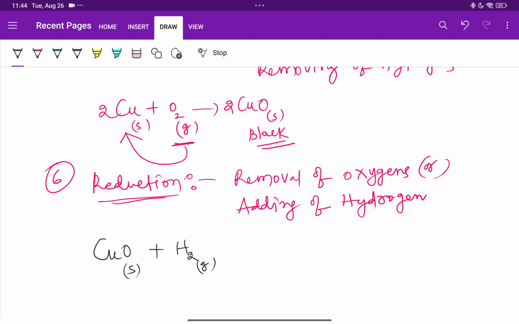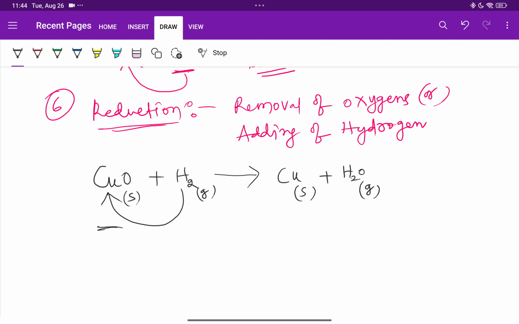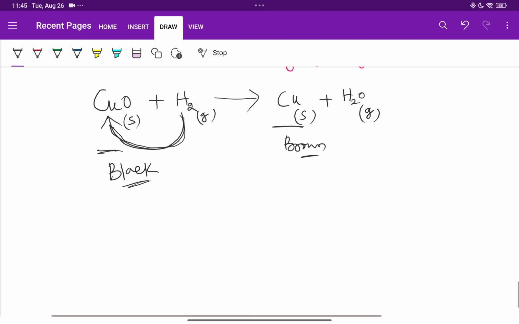Then adding of hydrogen to the copper oxide is reduction. Then the copper oxide will convert into copper solid and water, which is in vapor state. Copper oxide is black, but after giving hydrogen, it converts into brown color copper. Very important. Reduction is nothing but adding of hydrogens or removal of oxygens. So this is about reduction, my dear students.